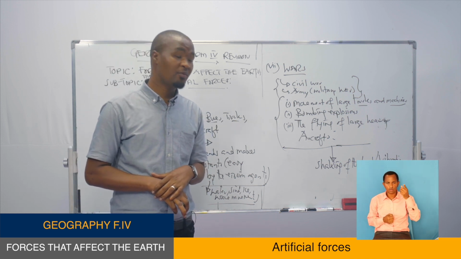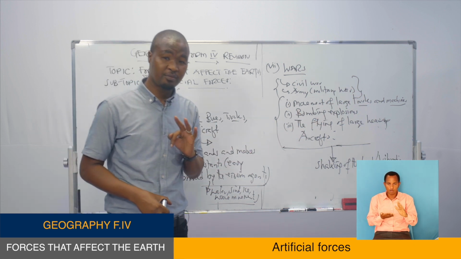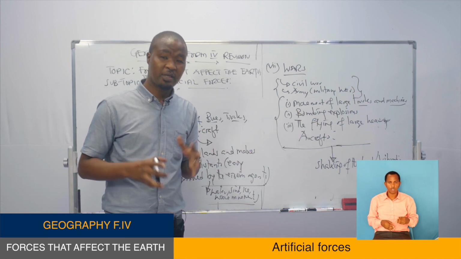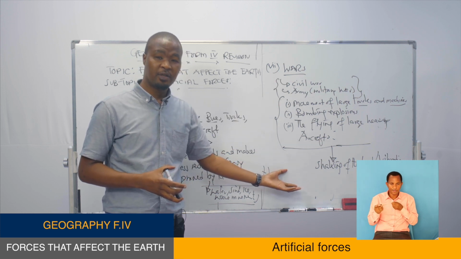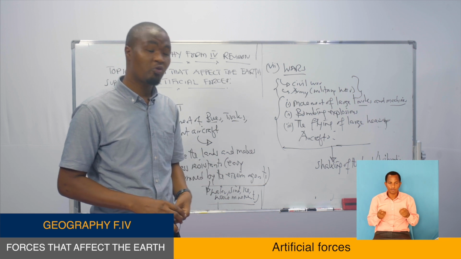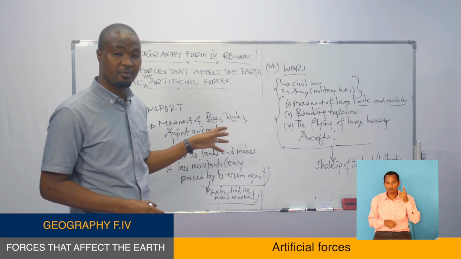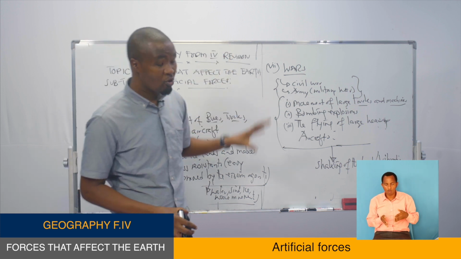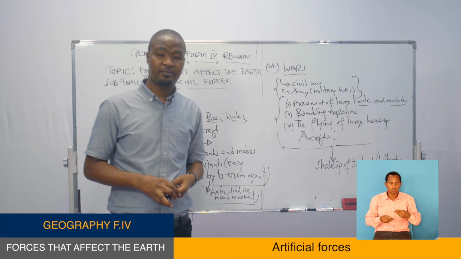But as I've said, you can categorize these causes into the main three groups: man's economic activity, we have wars, and the creation of artificial water bodies. We have seen canals, rivers. See? Economic activity, we have seen them, fishing, farming.